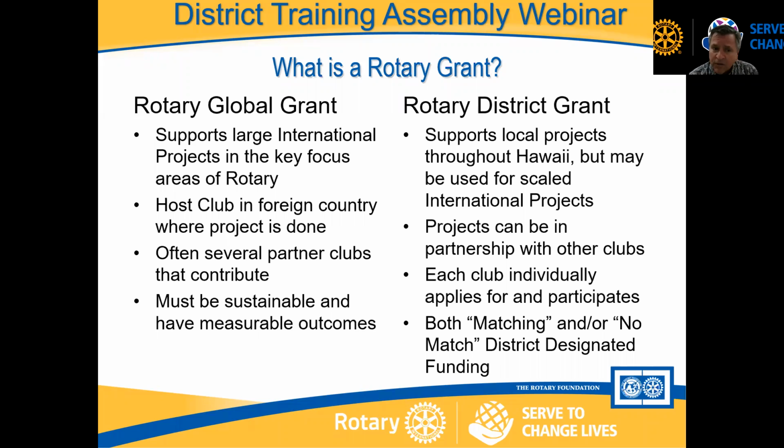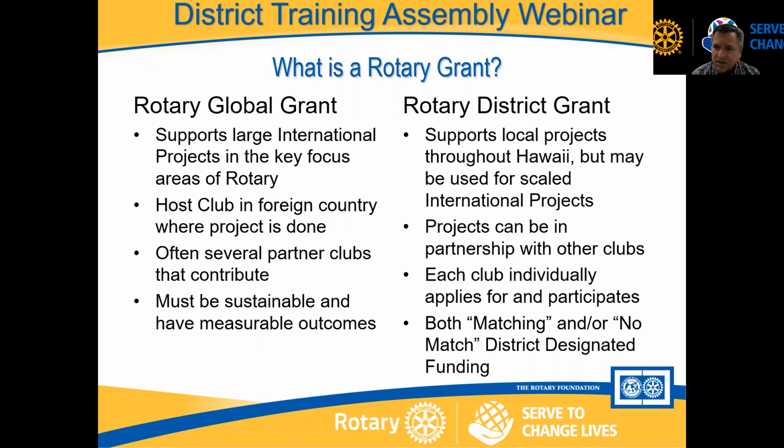A host club in a foreign country is where the project is done. And generally there are going to be several partner clubs that contribute money, your allocated share of global grant money. The final outcome needs to be sustainable and it needs to be measurable. That's not actually what we're talking about today.